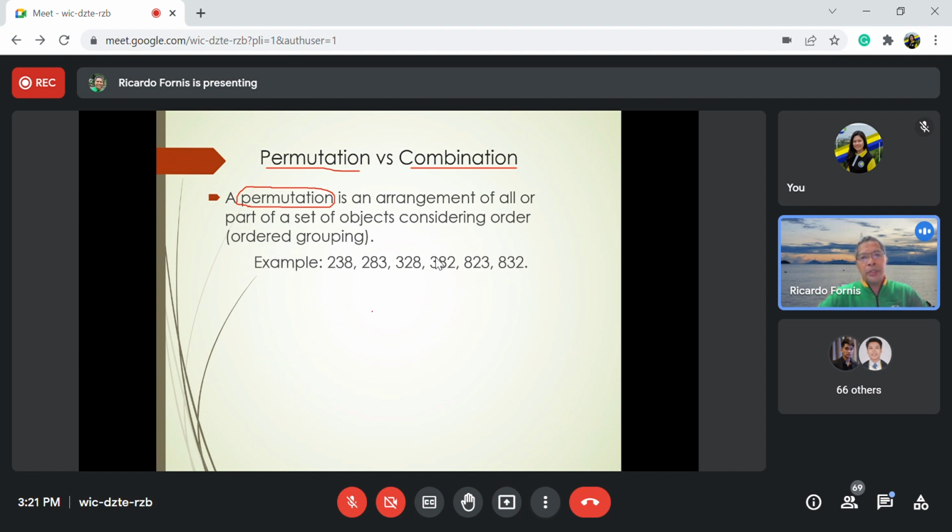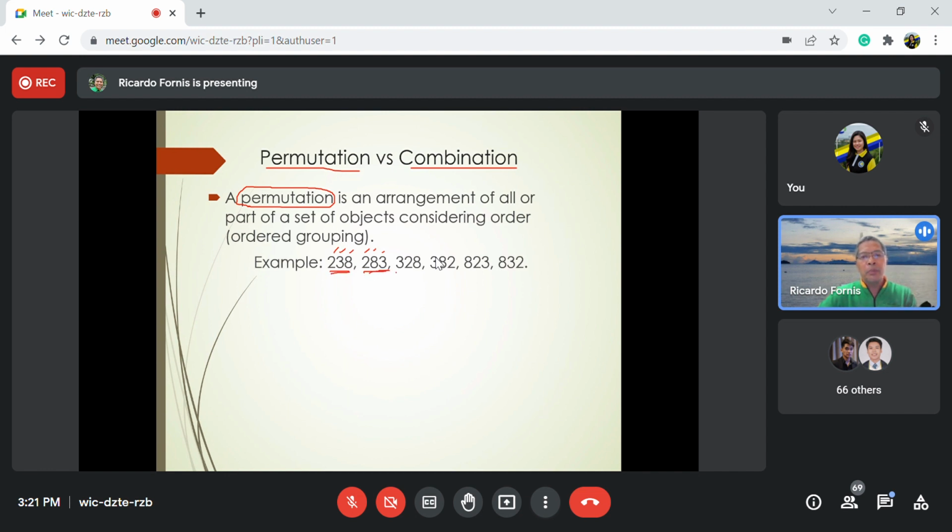What I'm trying to say is that if 238 is different from 283, then you notice there are exactly the same elements in the group, but what made them different is the order of the elements, and therefore this grouping is what we call a permutation.